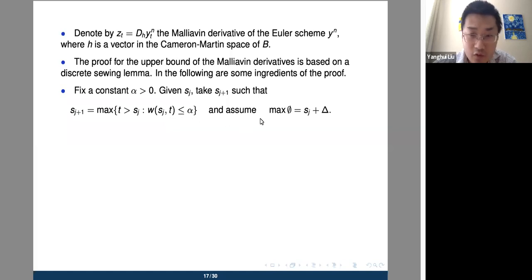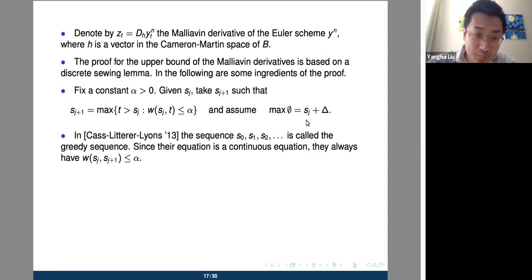And we also assume that the maximum of the empty set is s_j plus delta, so that we don't stay at the same value if the set is empty. We still take a step forward.